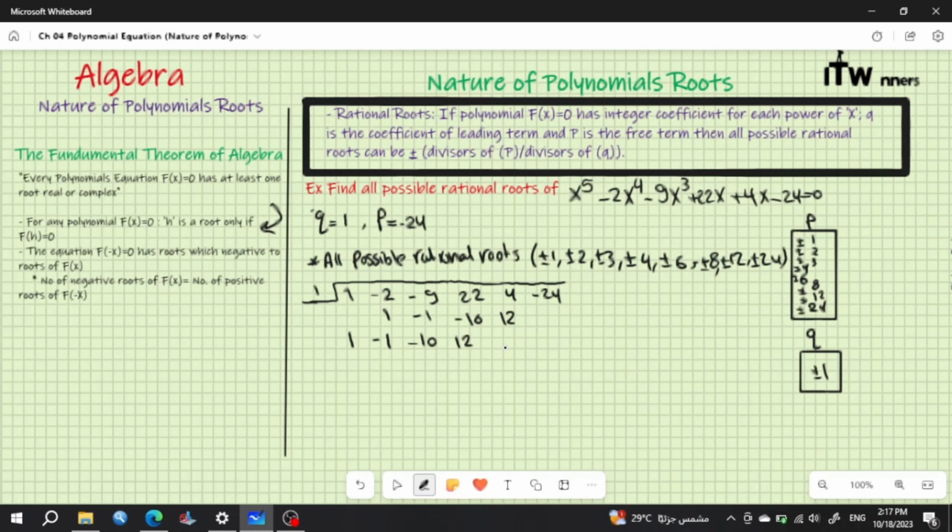Here we have 16, 16 into 1 equal to 16. So we have here negative 8. So 1 is not a root of f of x.